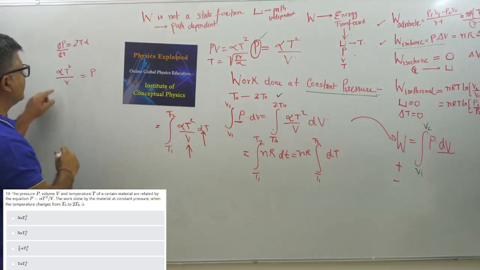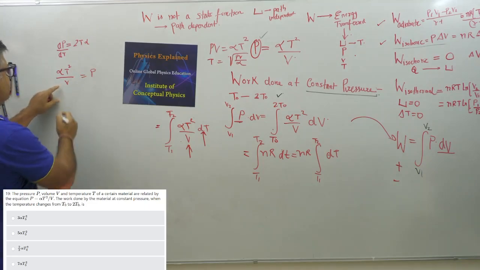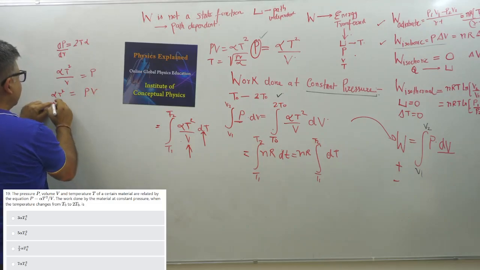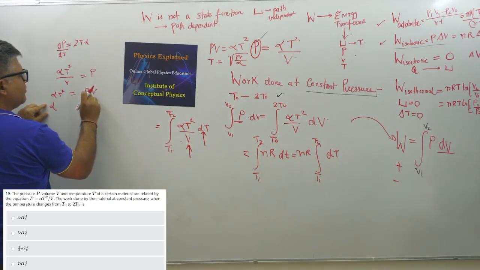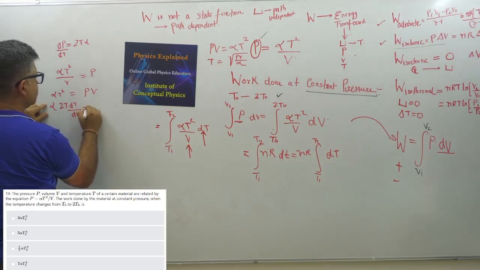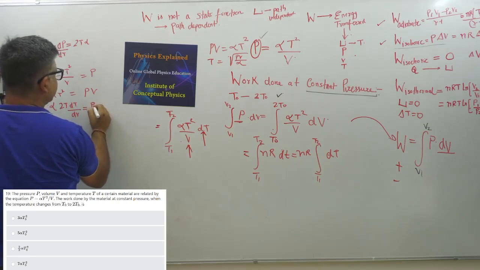If I take alpha T square is equal to PV and I take derivative of both the sides with respect to volume dV, then it is 2T dT by dV is equal to P, which is a number, right?